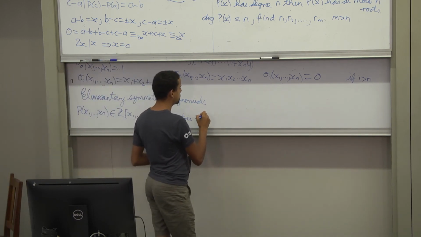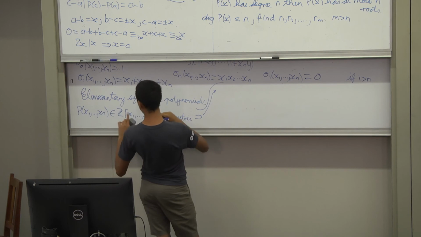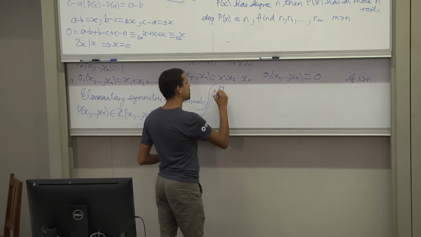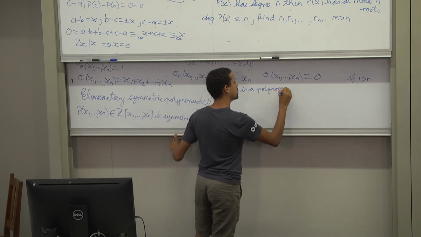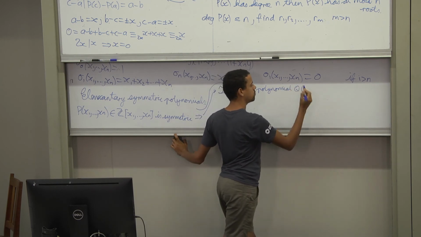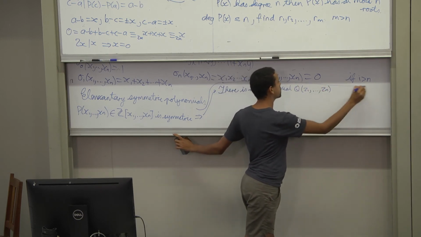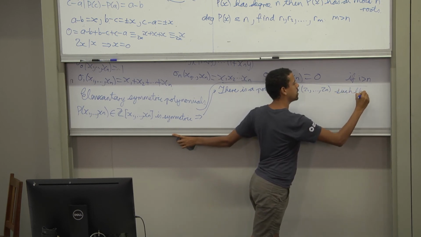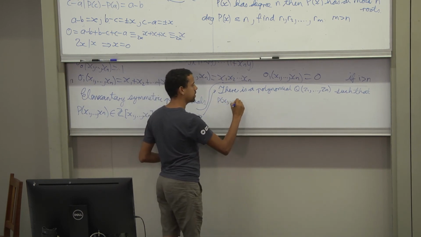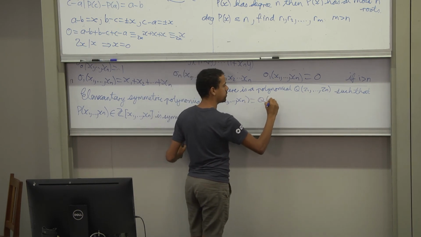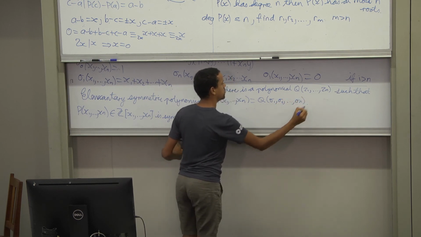In other words, there is a polynomial q of, let's say, z1 to zn, such that p of x1 to xn is equal to q of these elementary symmetric polynomials.